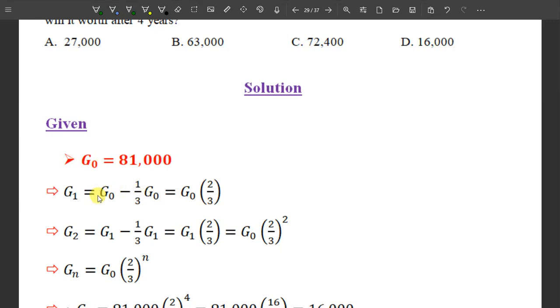In that case, we will get the amount of money that this motor bicycle will be worth after a year.